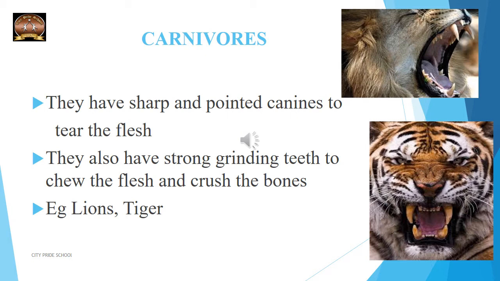So when we are talking about feeding on the flesh of other animals, they have very pointed and sharp canines to tear the flesh, as well as strong grinding teeth to chew the flesh and crush the bones. Here the examples given are lion and tiger, but there are many more animals like wolf, leopard, hyena, polar bear, etc.